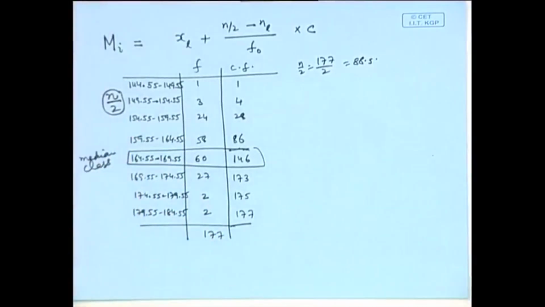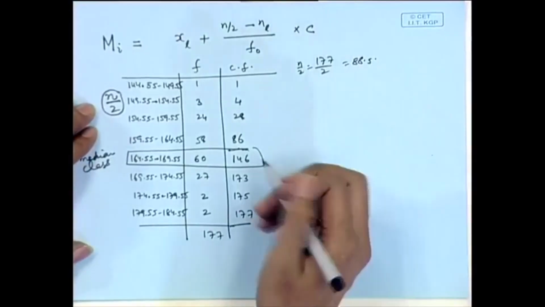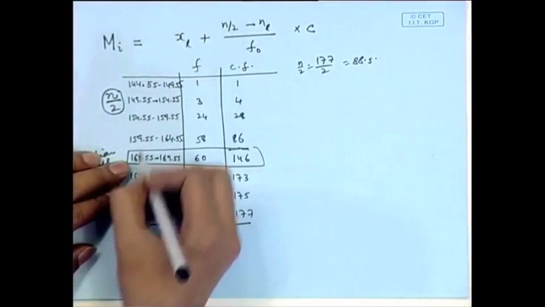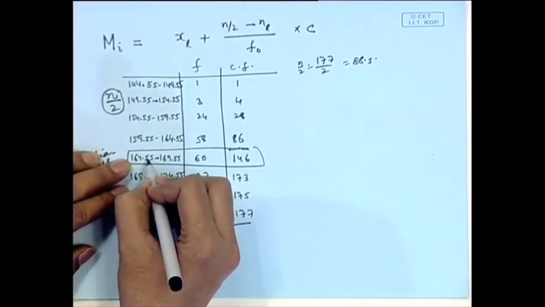Now, x L is the lower limit of the median class.